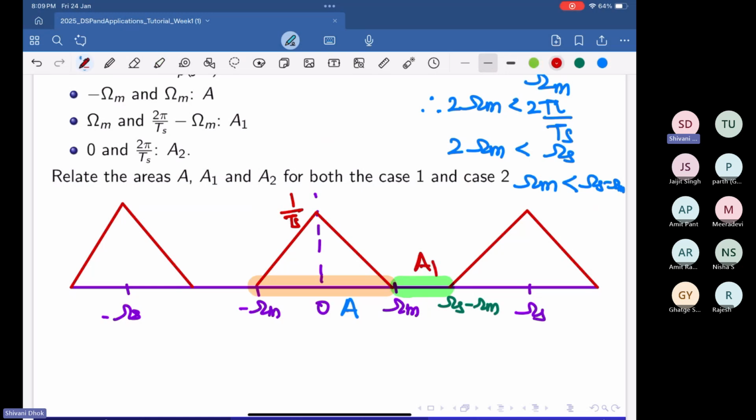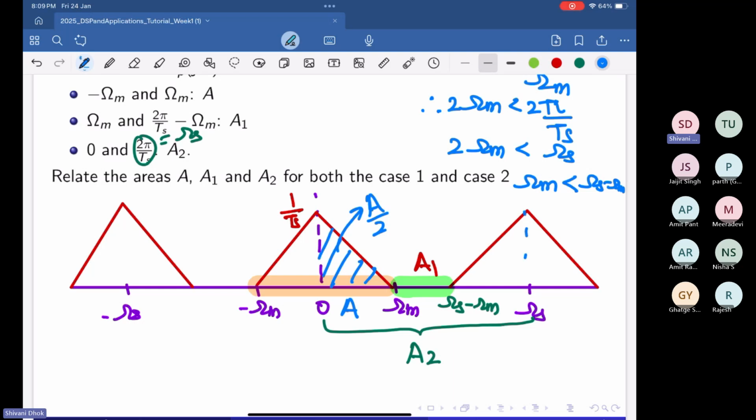And the area between 0 and omega s is A2. Since it is symmetric, this particular region will have an area of A by 2, and similarly this particular region will also have an area of A by 2.